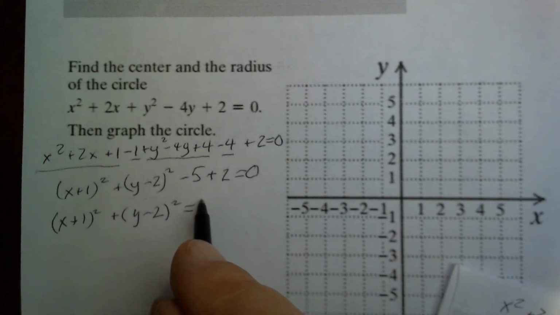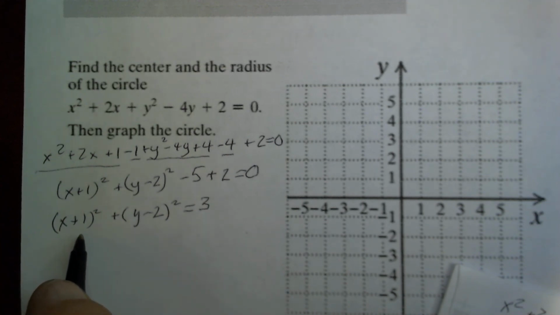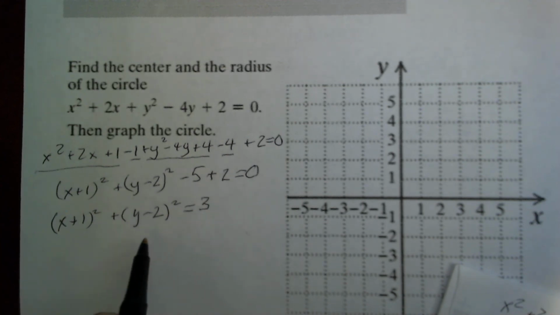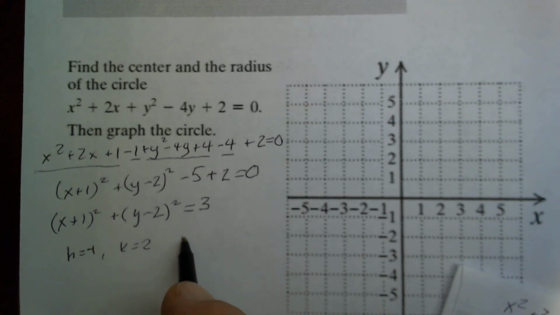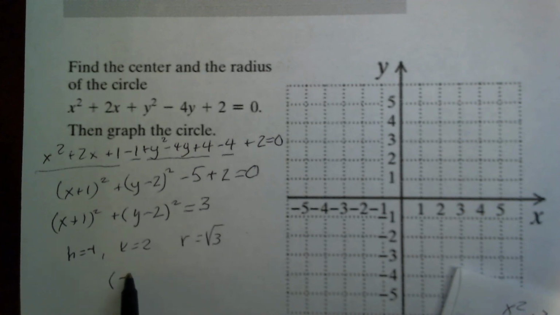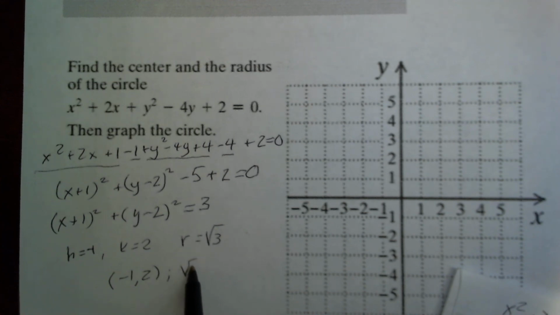Add that to both sides, it's equal to 3. So comparing that to the standard form of the circle, we find that h is equal to negative 1 and k is equal to 2. And since this is r squared, then r is equal to the square root of 3. So our center is at minus 1 comma 2, and the radius is equal to the square root of 3.